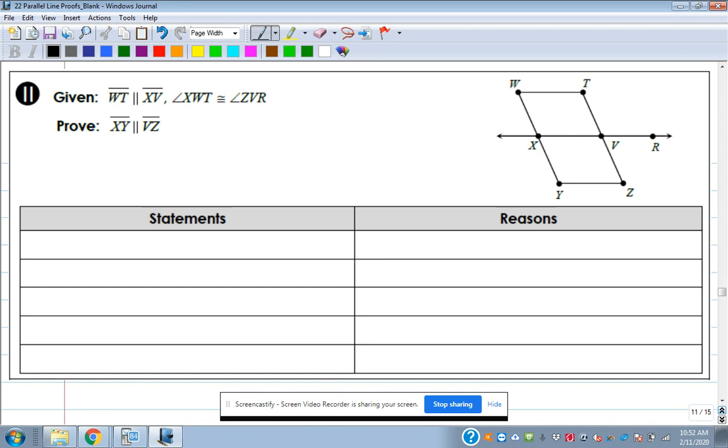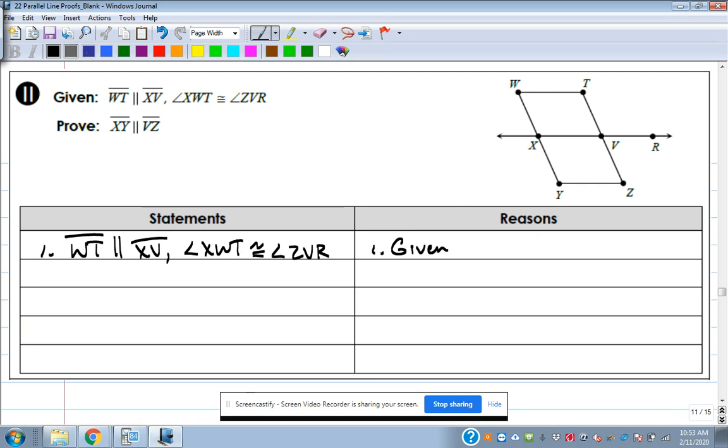That seems incorrect there, but we're going to do it. Let's do it. I'm just going to put WT parallel to XV, and angle XWT congruent to angle ZVR. And that's given. So all the given stuff fits on one line.